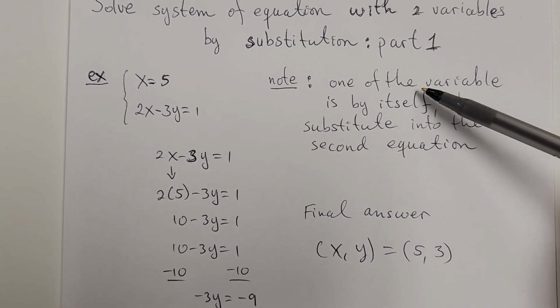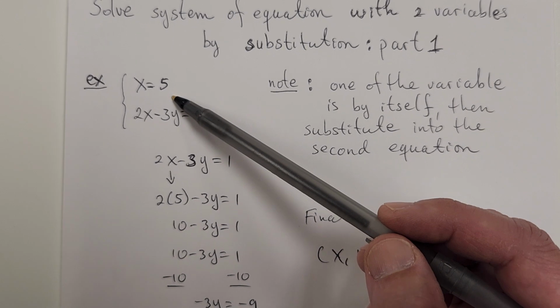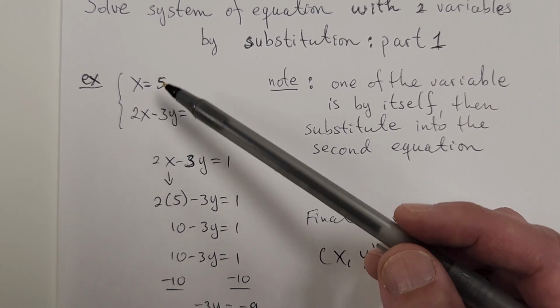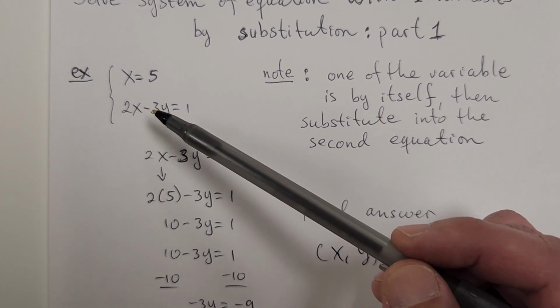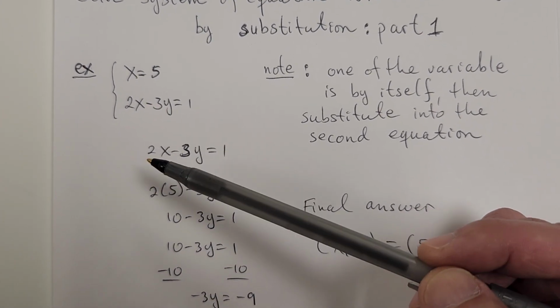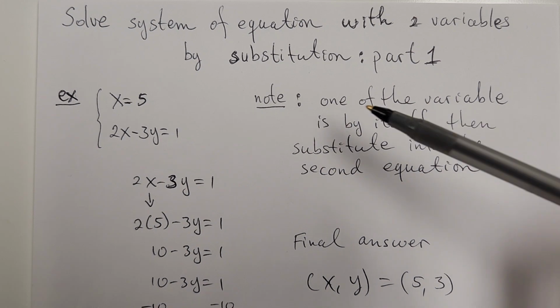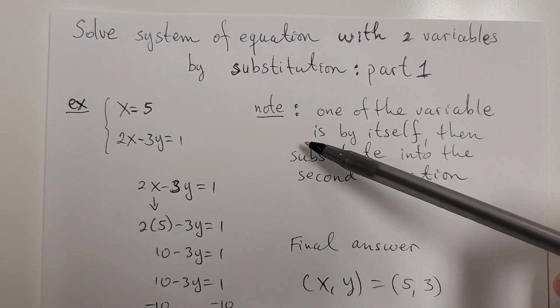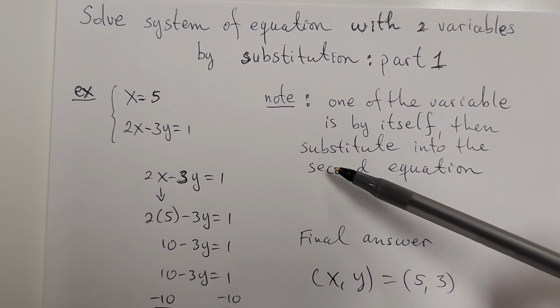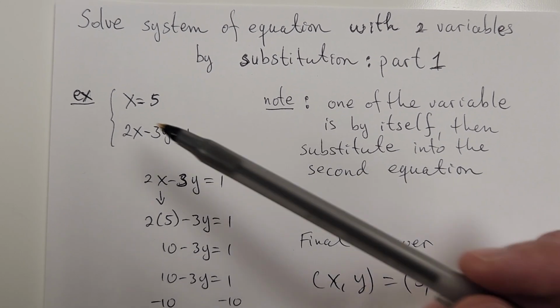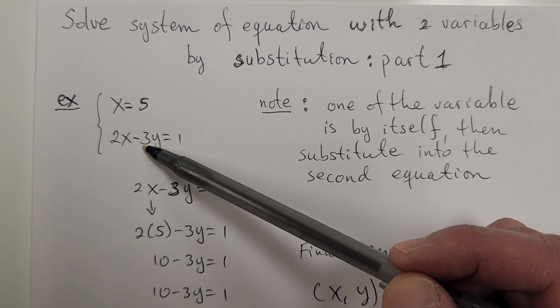So if we follow this note and look at our equation, this is by itself, so take this equation and plug it into the second equation. One more time, the rule is one of the variables is by itself, then substitute into the second equation.